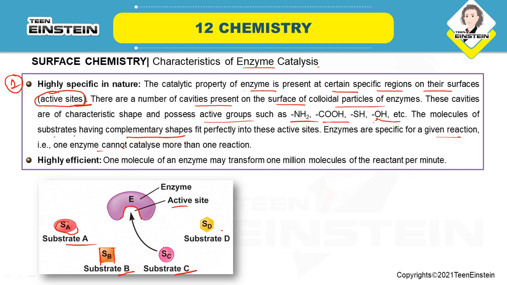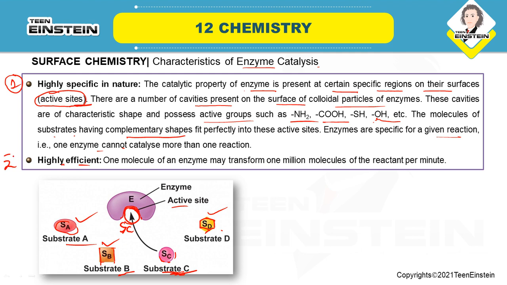Substrate C is completely round, and D is a hexagon. So only substrate C will be complementary in shape, so it can fit here. These other three will not fit. Only substrate C will fit. So this is the specificity.